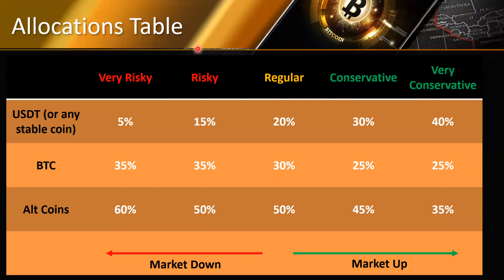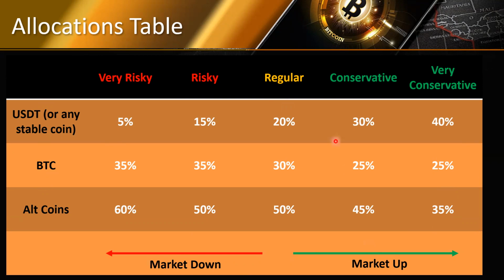Okay. Anyways, we said that we have this table here to guide us how to change our asset allocation depending on what's happening in the market. So in case the market is going up, we know that we should be more conservative, because if the market is spiking up in a very not healthy way, what I mean by not healthy is a sudden jump, okay?